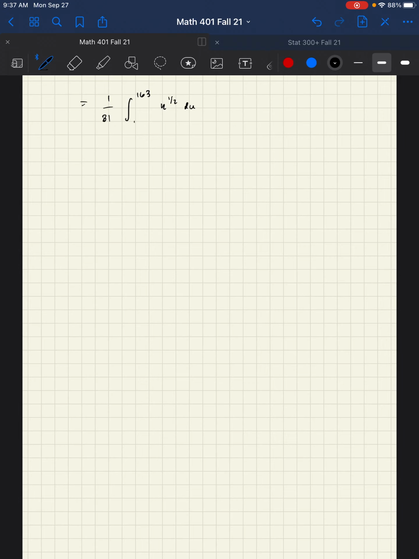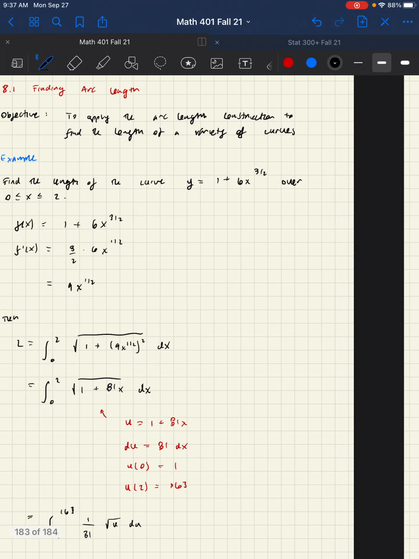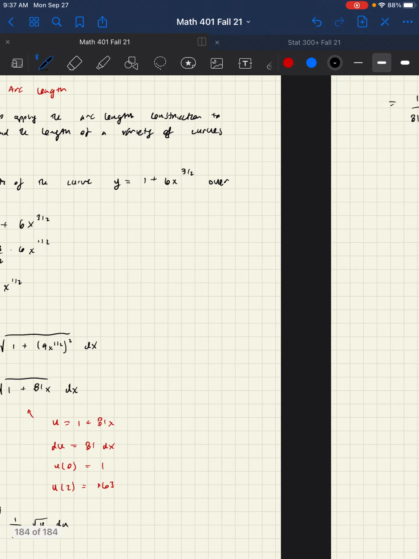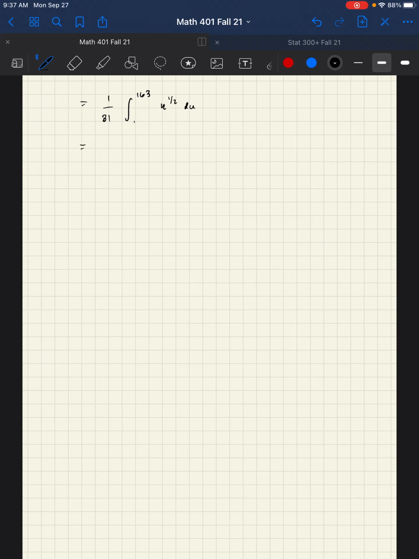And so if we pull out the 1 over 81, we recognize the u to the 1/2 being the replacement for square root of u. Sorry, that should be 3 halves. Then we got 1 over 81 times 2/3 u to the 3 halves from 1 to 163.